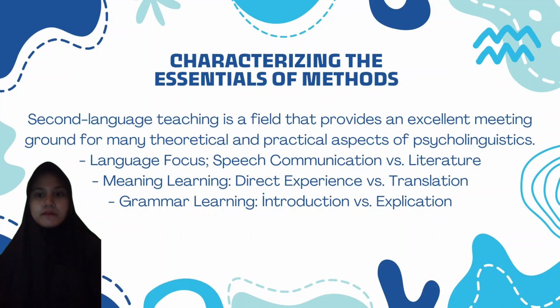Next is meaning learning, direct experience versus translation. In providing the meaning of target language items, translation may be used, as is commonly the case with the GT method. For example, English-speaking students studying Italian may be told that "libro" means book, or that "come stai" means how are you.